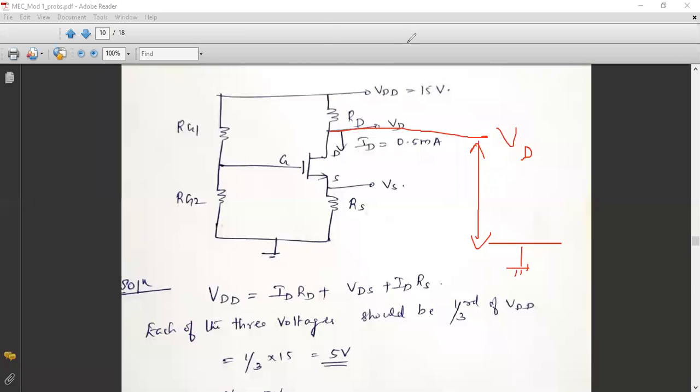Any guess? VD means the voltage at the drain till ground. How will you write VD? Any idea?